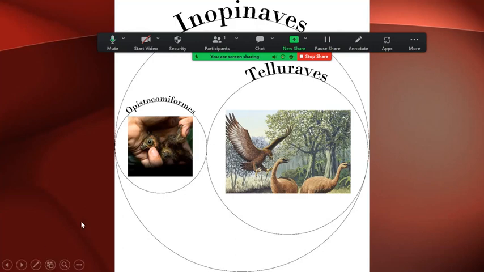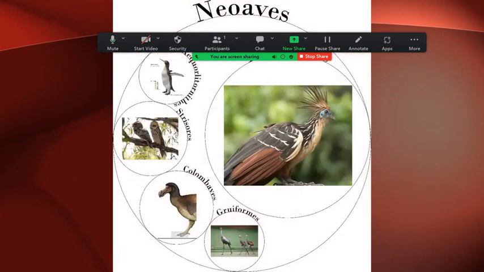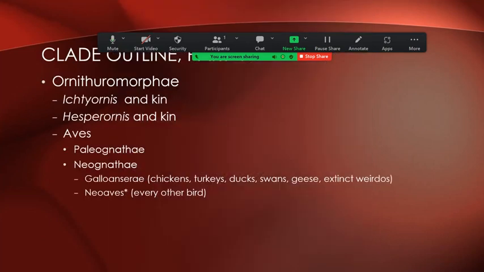I have an adult Hoatzin as a picture back here a short distance. Adult Hoatzins are pretty striking birds. You still don't want to get particularly near them because they're capable of accurate projectile vomit to a range of several tens of feet. That's how they defend themselves. They also have the capacity to ferment food in their stomach to make the leaves they eat more palatable, which is unique among birds.